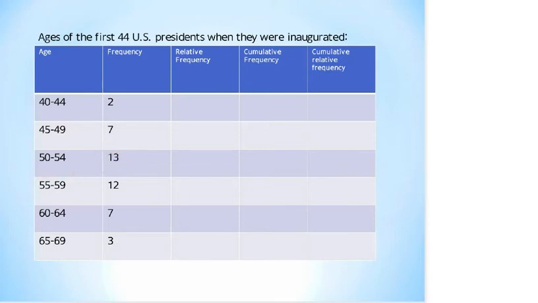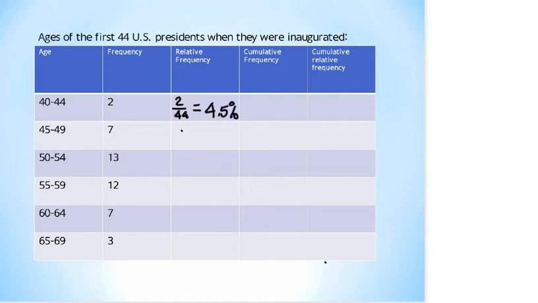Well, 13. So in order to find the relative frequency, we take 2, that's our frequency, and divide it by the total. Well, what's the total? 44, if you were paying attention. So 2 divided by 44 gives us 4.5%.